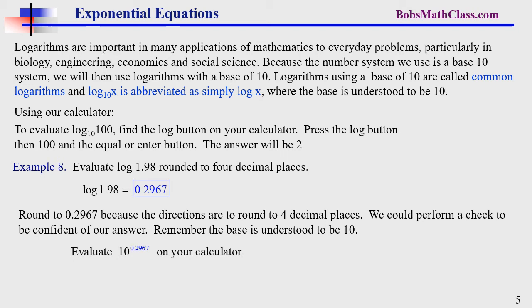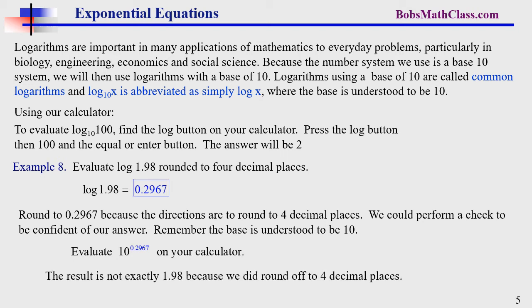So it's not exactly 1.98, but it's close. Remember, we did round off our answer, so that's why it's not totally exact, but it's close enough. Okay, so that's how to use the log button on your calculator.